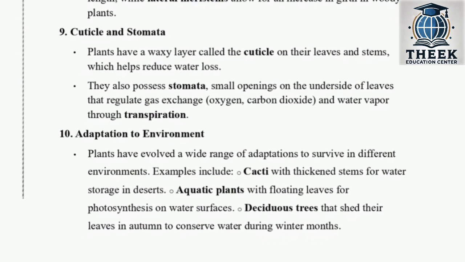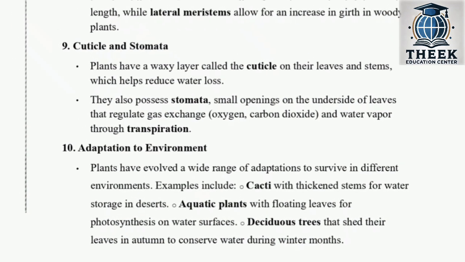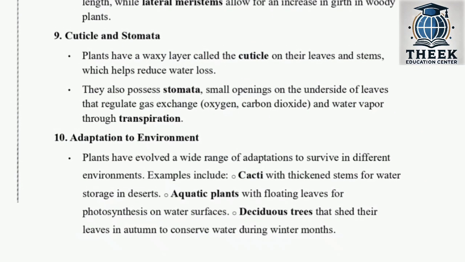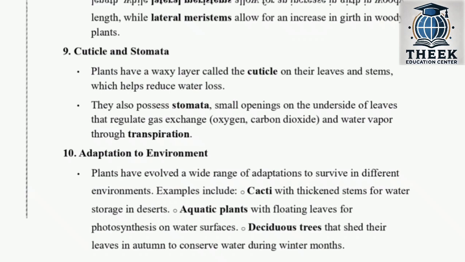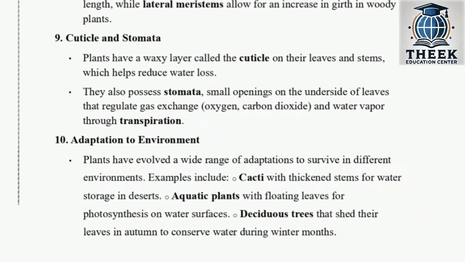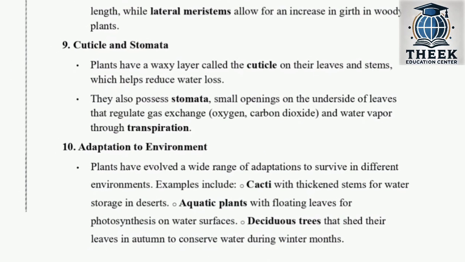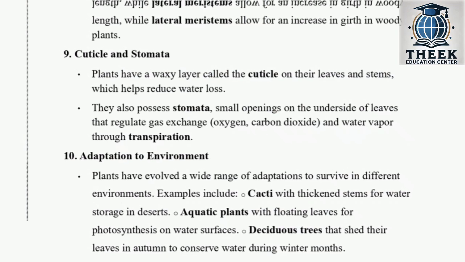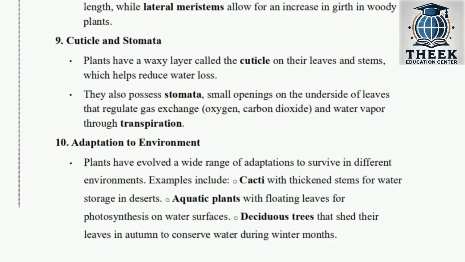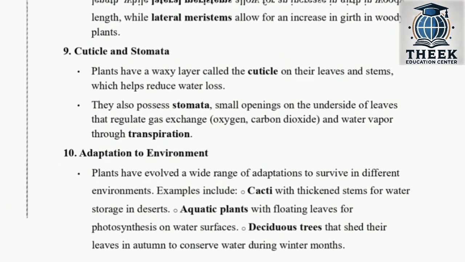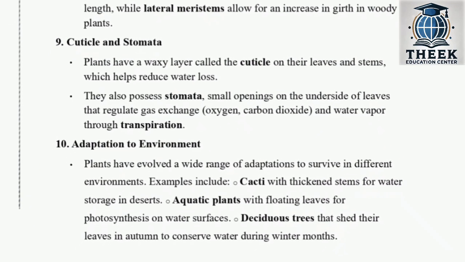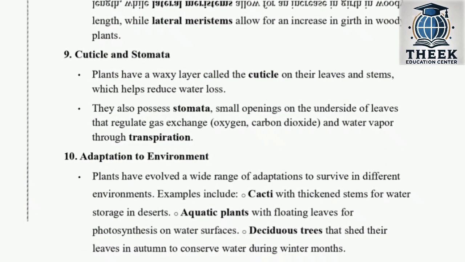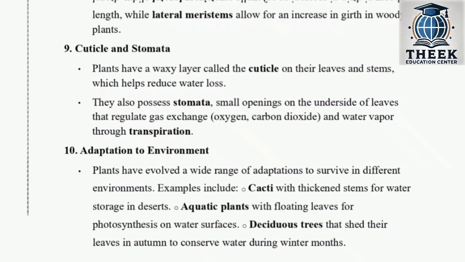That thickness is an adaptation of cactus to help them survive in a desert environment. You have aquatic plants with floating leaves, a very broad leaf lamina for photosynthesis on the water surface, and also for transpiration to lose excess water.